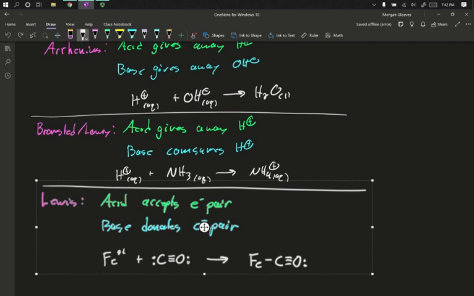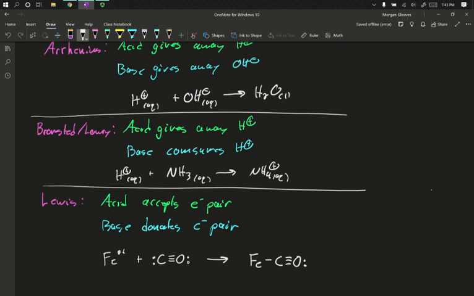There's one further, and it comes up much more when you get to coordination chemistry, and that's the Lewis acid and base. Lewis acid and base does away with the requirement that you even need an H+ around. In this case, an acid is something that accepts an electron pair, and a base is something that can donate an electron pair. Iron and carbon monoxide.